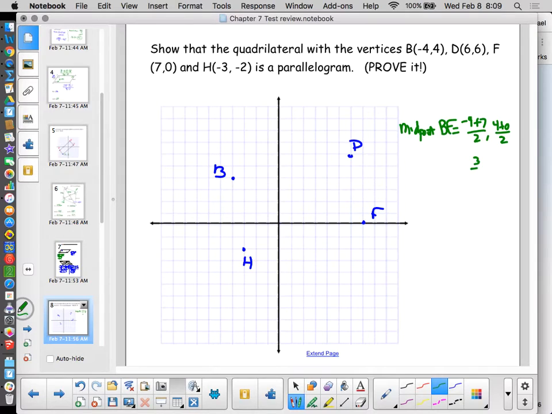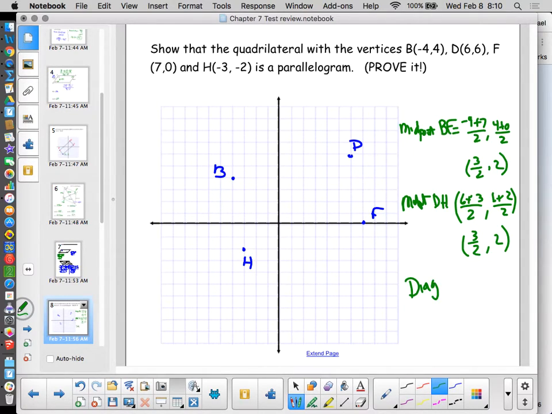So that's 3/2 and 4 over 2 is 2. Midpoint of DH, sorry, my writing is terrible up here right now, is 6 plus -3 over 2 and 6 plus -2 over 2, or 3/2, 2. Same, so the diagonals bisect each other. That's a parallelogram.